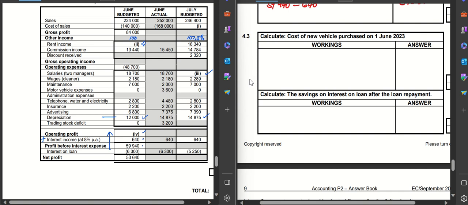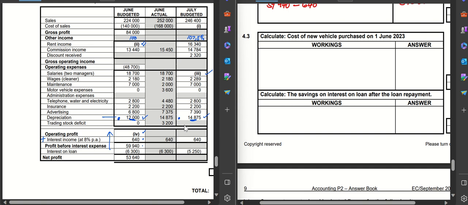There were several ways in which one could have done this, but I'm just going to show you the quickest way. The fact that our depreciation has increased from 12,000 to 14,000 means there is an addition to our vehicles, and the opposite is true. If we had 14,000 here and now here is 12,000, that means we have disposed of an asset, hence our depreciation would have gone down. Please take that into consideration.